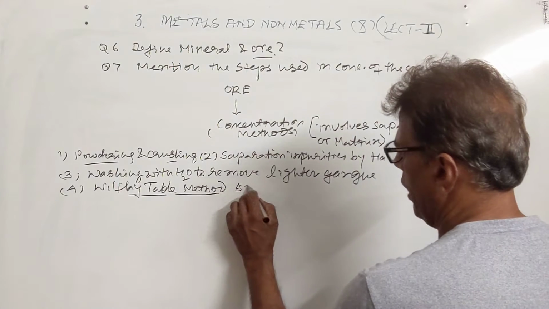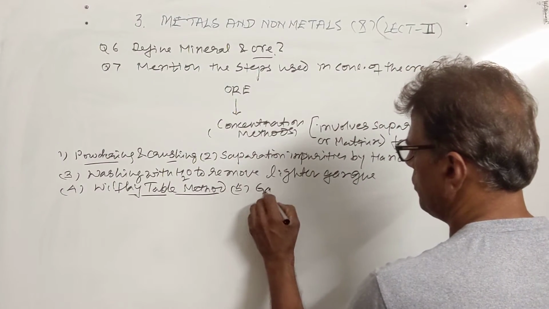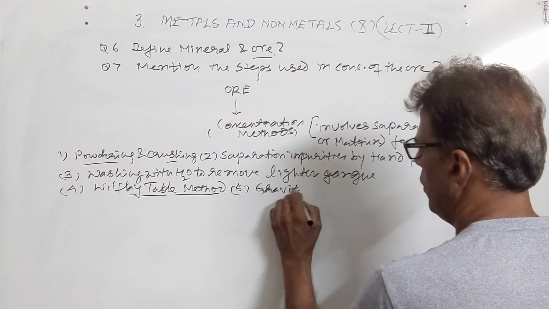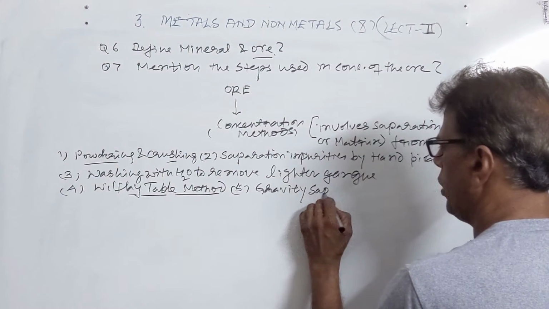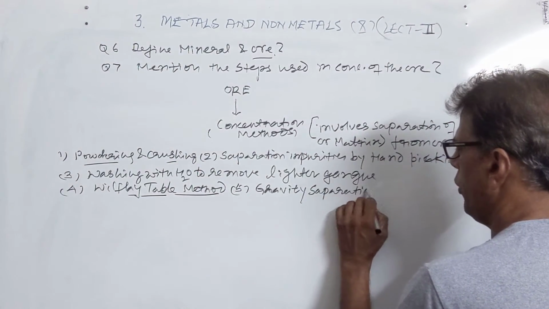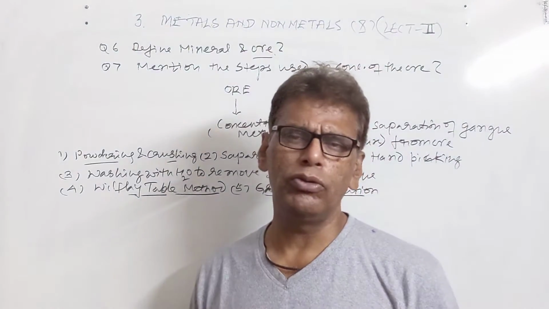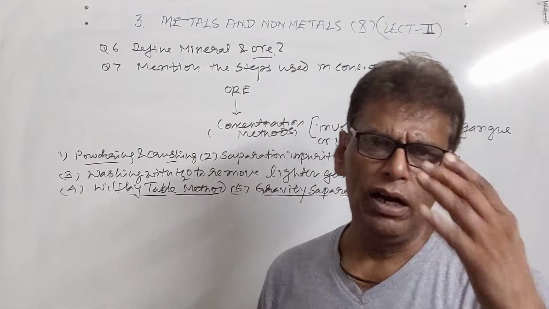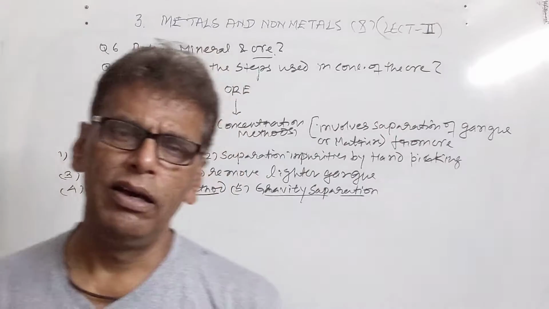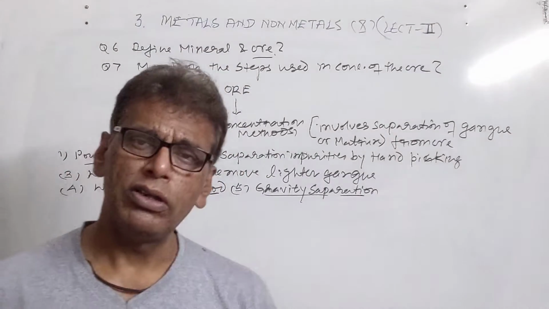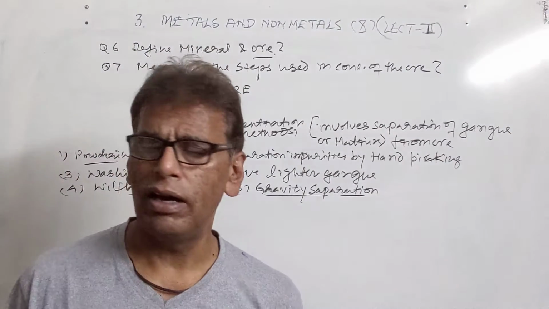And then we have gravity separation. In gravity separation, what is done? The ore is dropped into a double-necked, two-compartment system. Then from the lower side it is blasted with water.